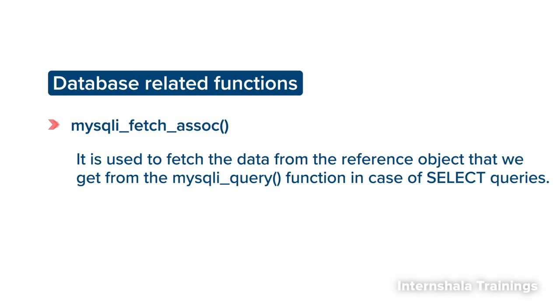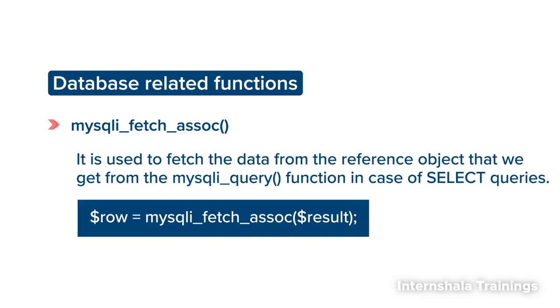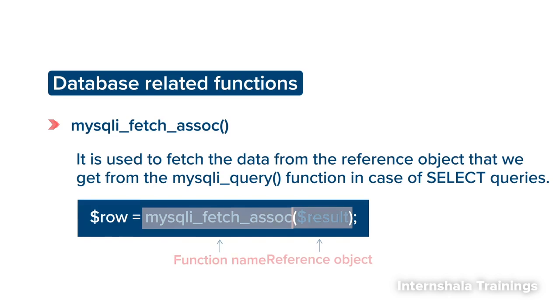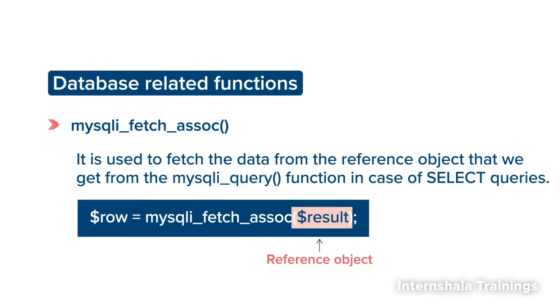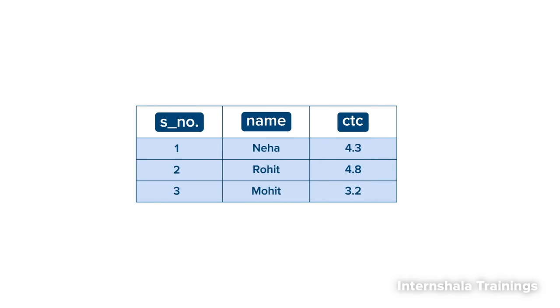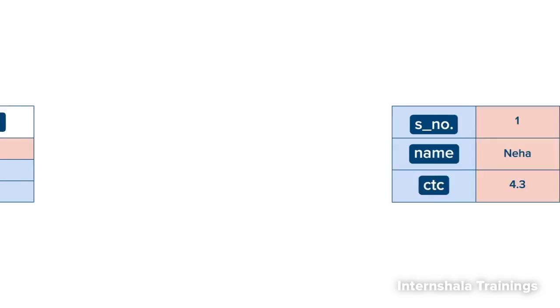Now, this reference object contains some data which can be accessed using the MySQLi fetch assoc function. And we can use this function like this. This is the name of the function and this is the reference object that we got from the MySQLi query function. Suppose this is the data which we have fetched from the students table using the select query. This PHP function will fetch the first row and move the internal pointer to the next row.